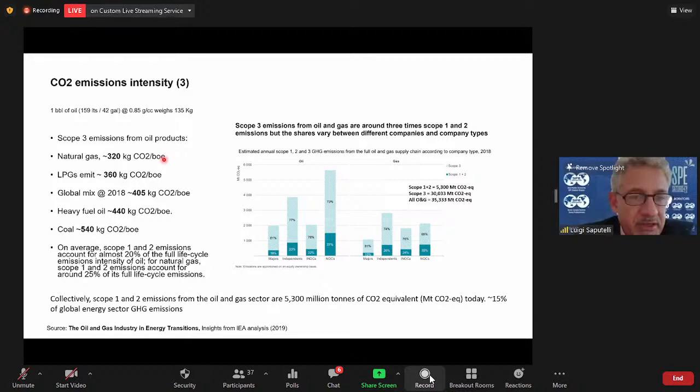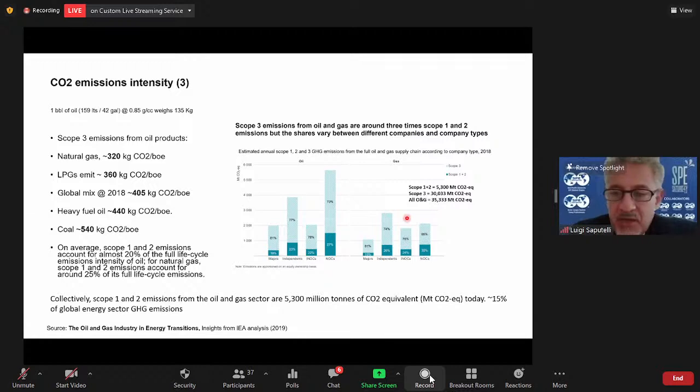As of 2020, the world on a yearly basis was generating about 30,000 million tons of CO2 from energy-related emissions, or the equivalent of 30 gigatons. When we add this to the scope 1 and 2 from the previous slide, all oil and gas scope 1, 2 and 3 is close to 35 gigatons of CO2 per year.